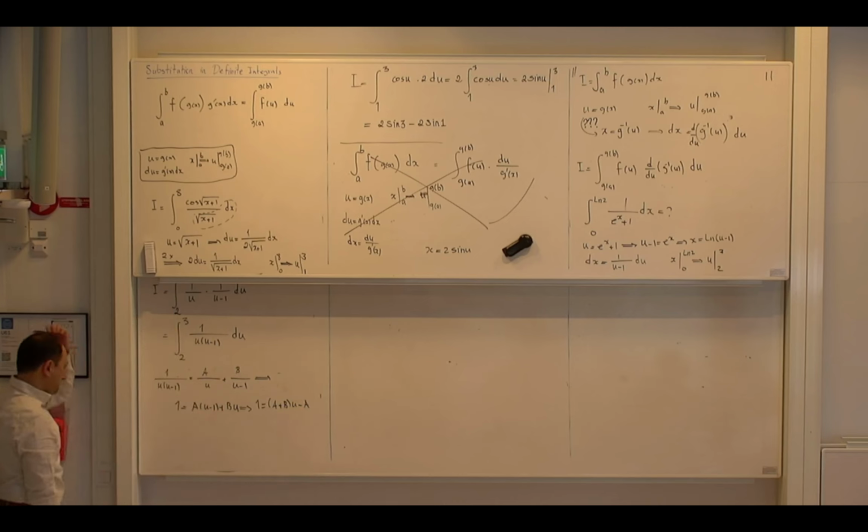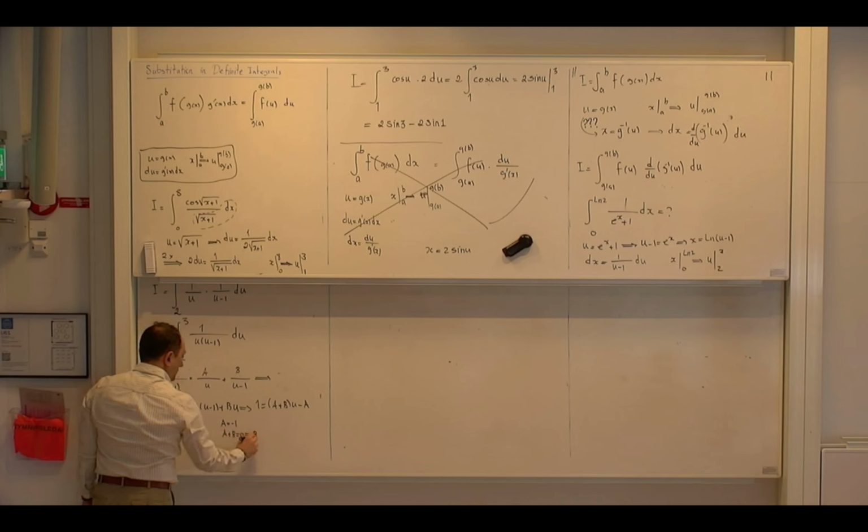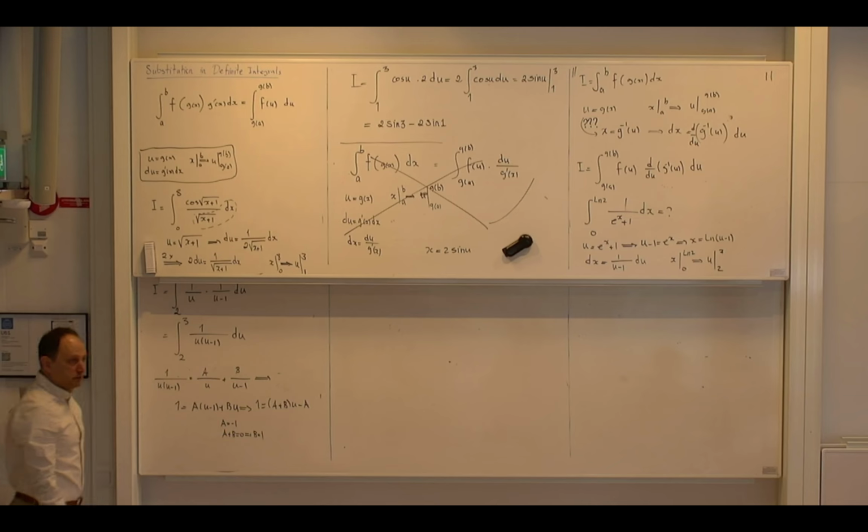Do you agree? Or this is so simple that you can even guess the numbers. But anyway, a should be minus 1. a plus b should be 0. So this means b should be 1. Yes? I put them back here.